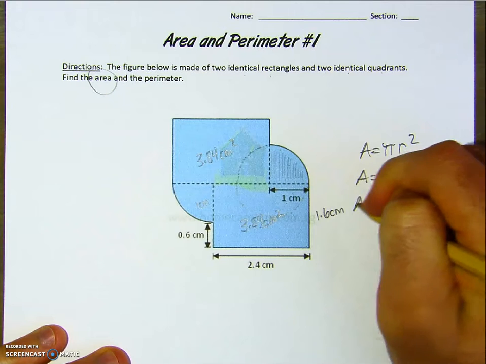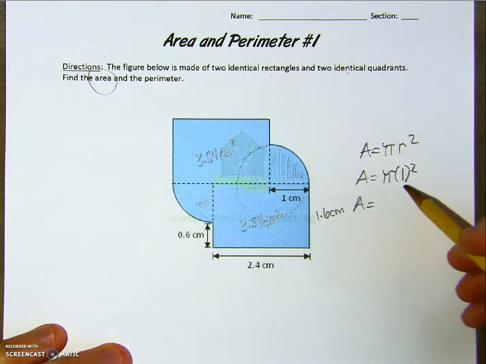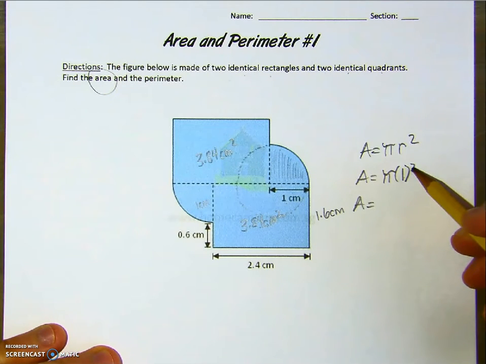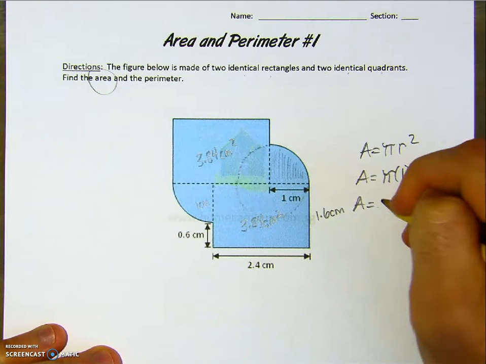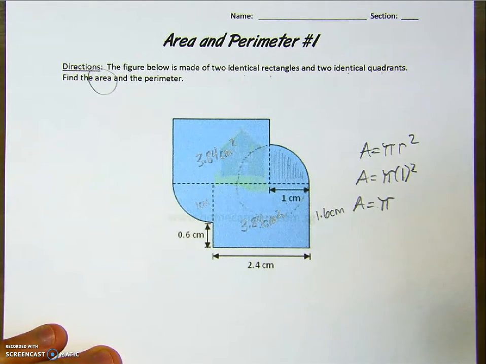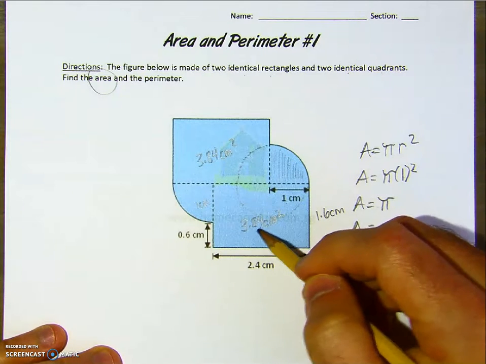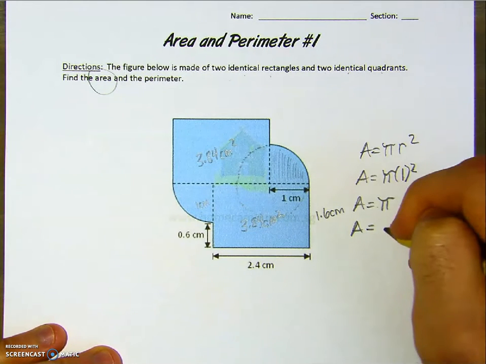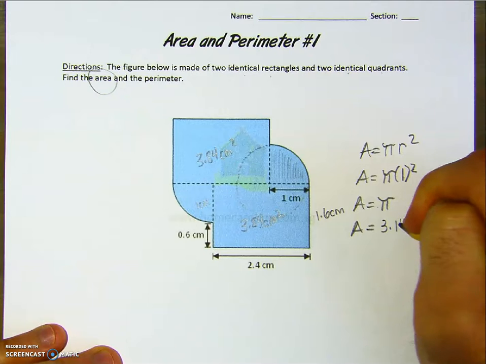Awesome. And that means that if I follow order of operations, 1 to the second power is 1, and 1 times pi is pi. So the area is going to be pi. But let's round that. This is in 2 decimal places, so let's go to 2 decimal places as well. We'll call it 3.14.